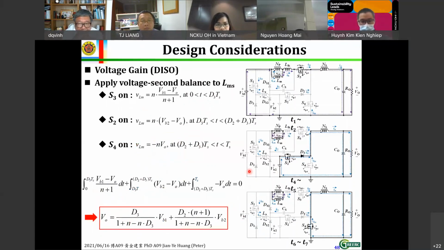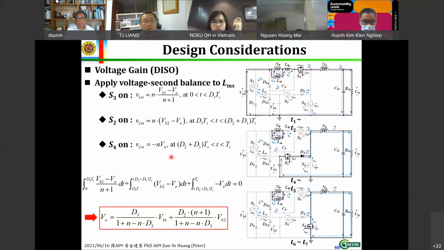The CISO4 gain will be a little bit different. When switch S3 is on, the voltage on the inductance LM is equal to N times VB1 minus VO over N plus 1. And when switch S2 is on, the VOM will be equal to N times VB2 minus VO.